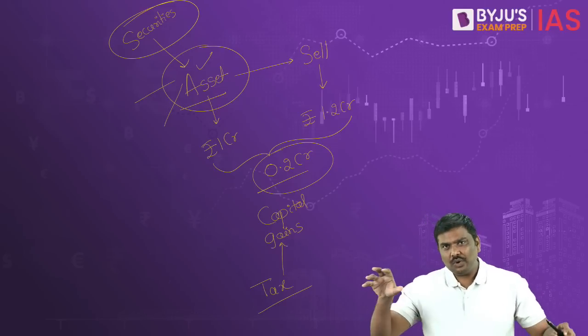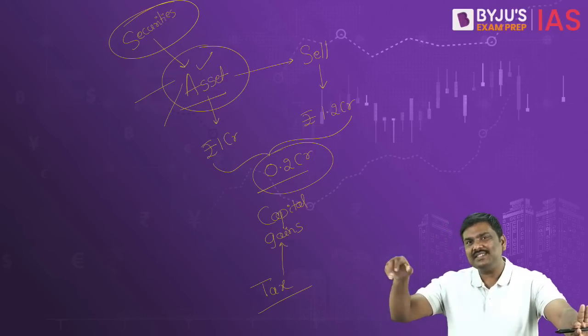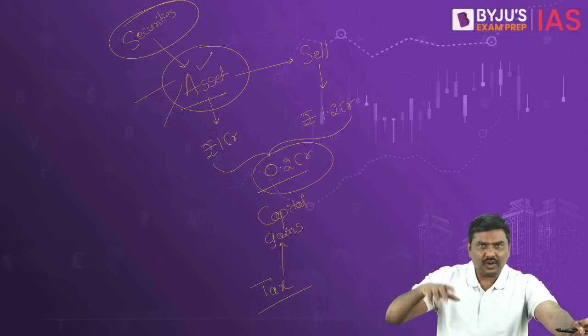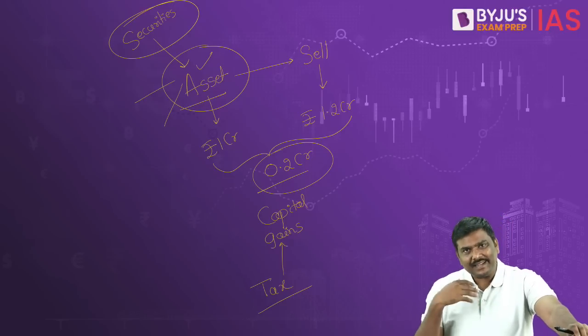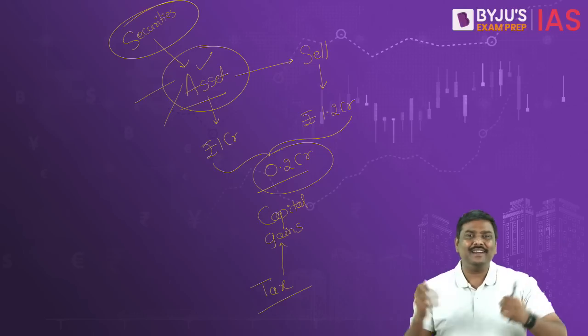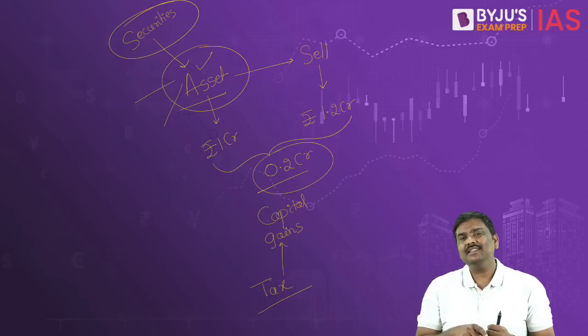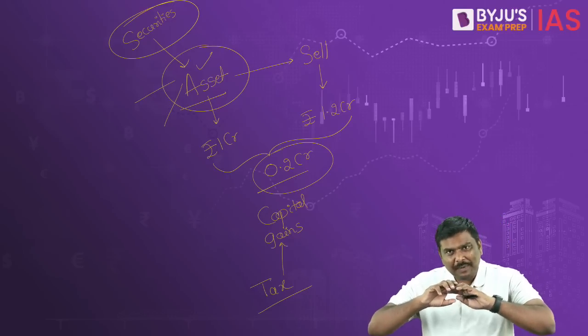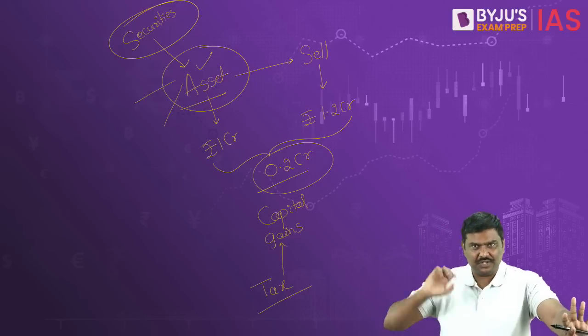So government, in order to ensure that they will be able to tax these capital gains, introduced a capital gains tax even on securities. But later government found that many of these taxpayers are making capital gains but are evading taxes. Somehow they are not paying taxes, misusing various provisions.